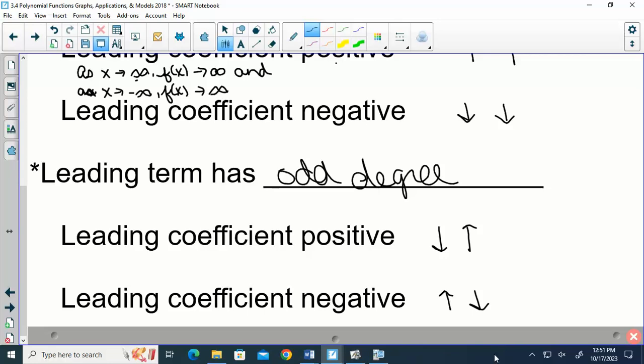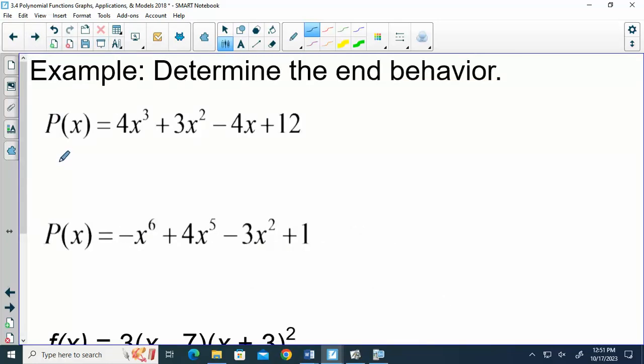Question set? So let's practice. I want to find the end behavior for each of these. So we look at just the leading term. So that's this.